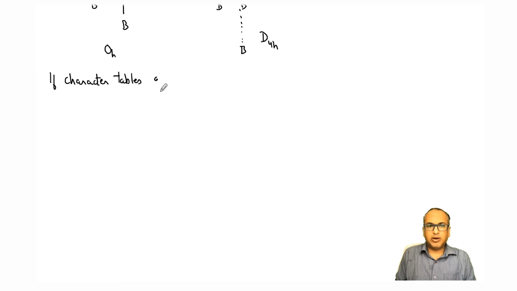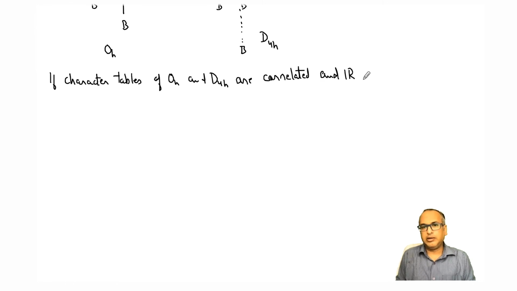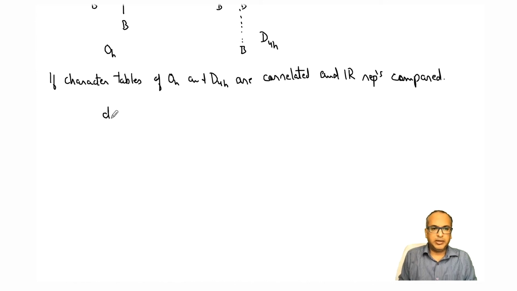If character tables of Oh and D4h are correlated and IR representations compared, what do we get? So we get dz square actually correlates with A1g and dx square minus y square correlates with B1g.